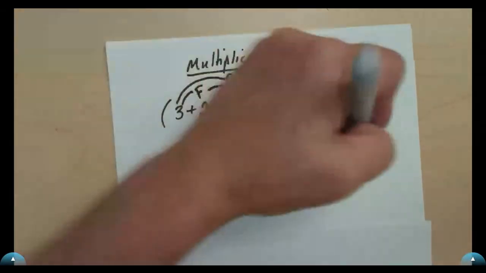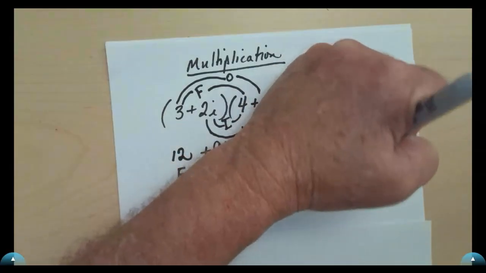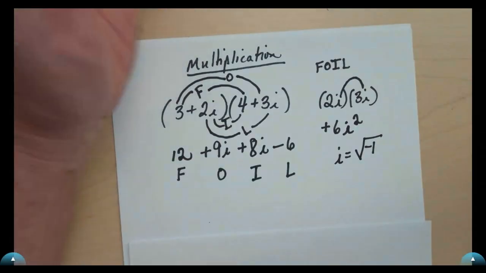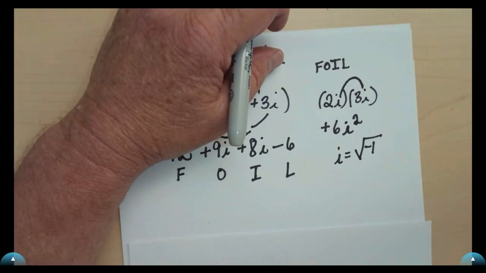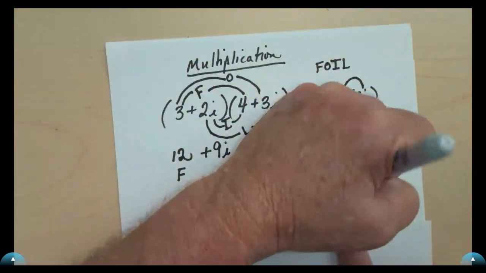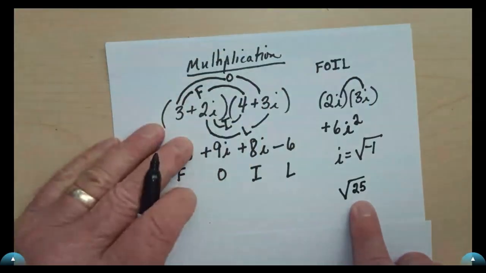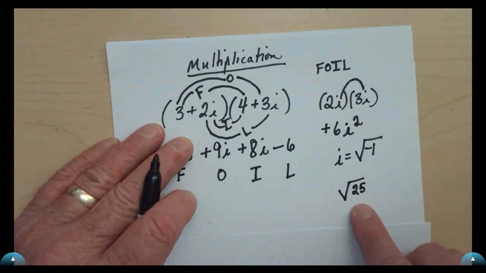If I say that i is the square root of negative 1, which, by the way, I've already said, right? i is a symbol we're using to represent the square root of negative 1. Do you agree that the square root of, say, 25, what is the square root of 25? It's whatever number I would raise to the second power to get 25.